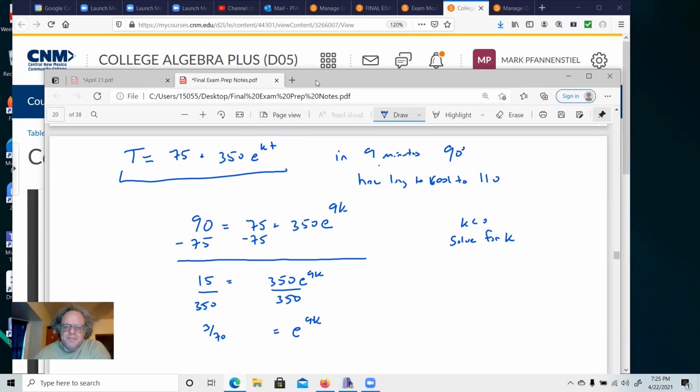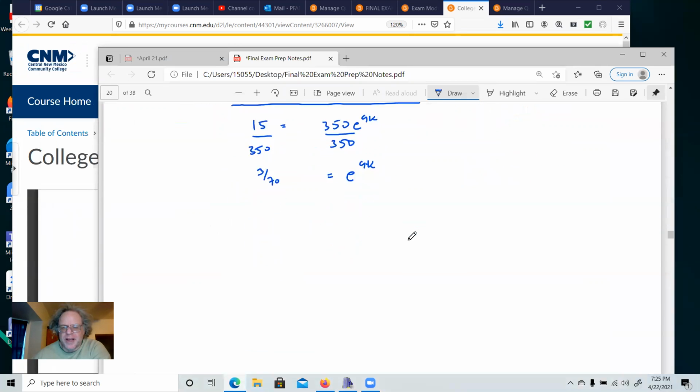So we have to solve for k. It's in the exponent position. What do we do with variables in the exponent positions? We use logarithms to get them down. So let's take the natural log of both sides. Natural log of 3/70ths is equal to natural log of e to the 9k. The 9k comes down in front: 9k times natural log of e.